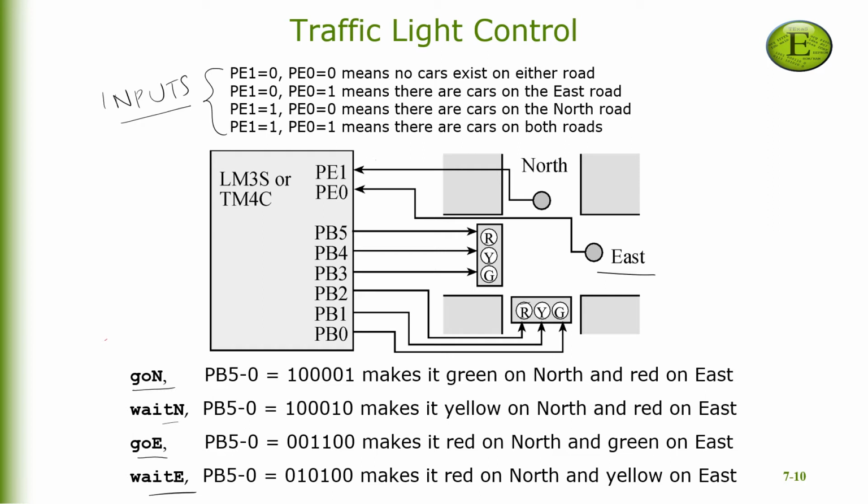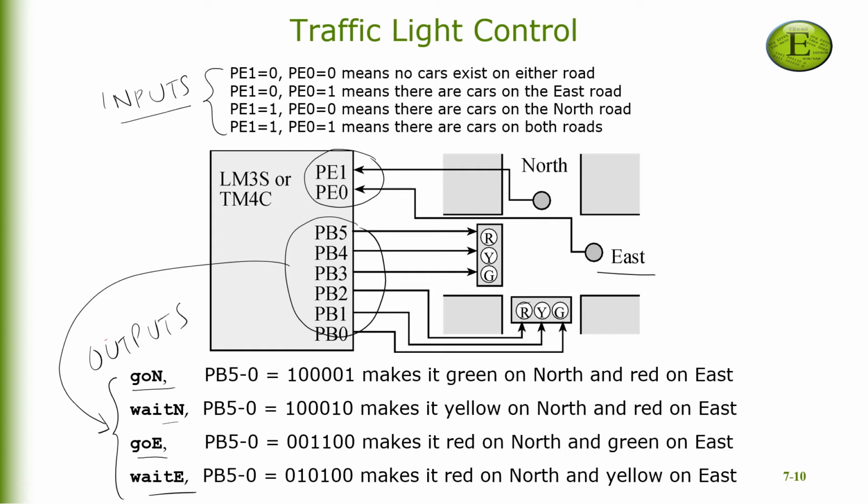The inputs are available on the port E, the 2 least significant bits of port E. And the outputs are available at the first 6 bits of port B. You can consider them as the outputs or the states. Because in case of the Moore finite state machine, the output is completely dependent on the state. So in this case, we have a luxury of a one-to-one relationship between the output and the state.